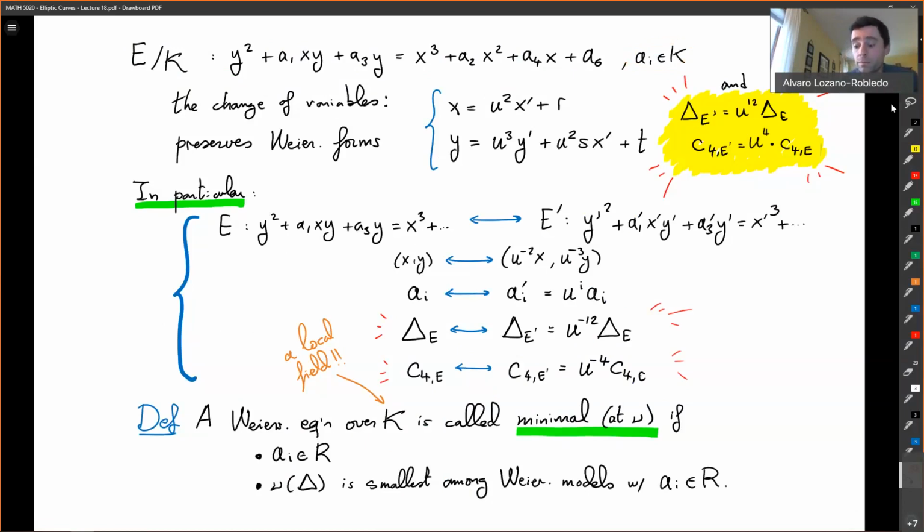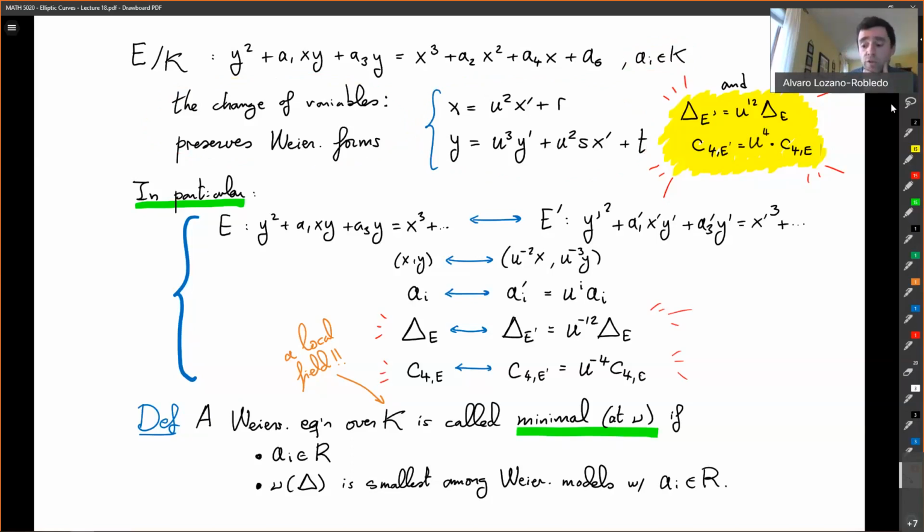One way of doing that: you remember that we saw, using the Riemann-Roch theorem, that if you change variables to x', y' via one of these changes, you're going to get a Weierstrass model. And a change of variables that goes from Weierstrass to Weierstrass is one of these.